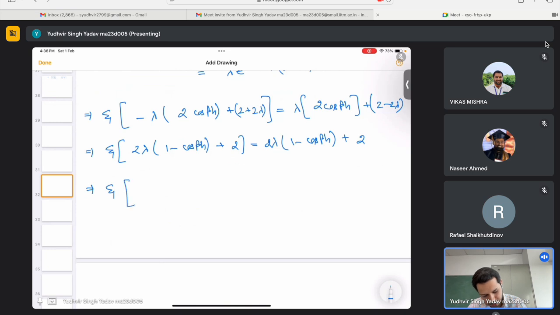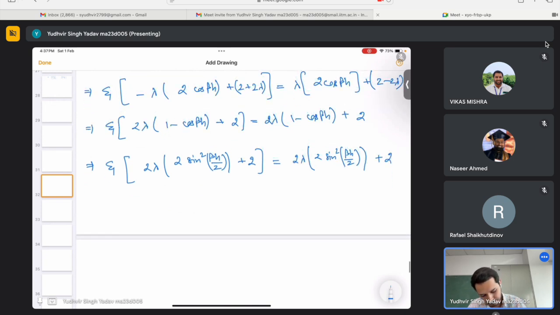Simplifying further, 1 − cos βh can be written as 2 sin²(βh/2).